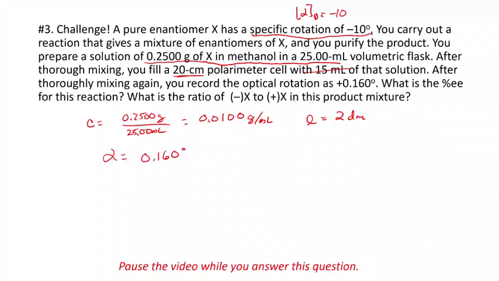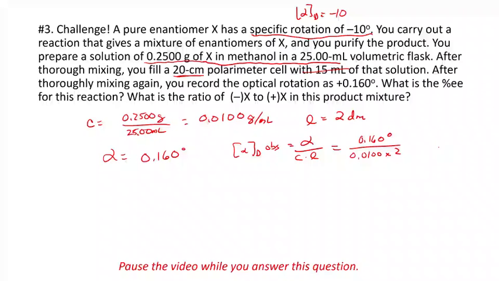All right. Well, what we have to do is get our alpha D, our observed specific rotation, and that's going to be our alpha, the rotation that we did observe, divided by the concentration and divided by the path length. So this is 0.160 degrees divided by 0.0100 and divided by 2. And that's not so hard to calculate in our head.